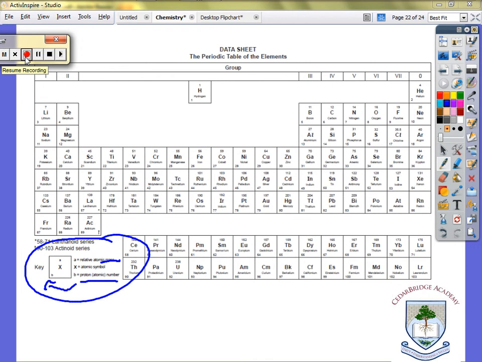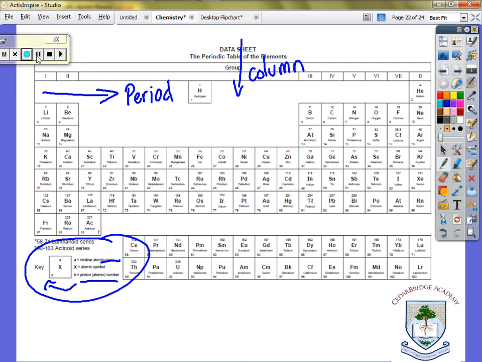Okay. So now to explain the layout of the periodic table. You'll notice that the proton number increases as you go across, and across are called periods, down are called columns. The reason why the columns are grouped as they are is for something slightly different.